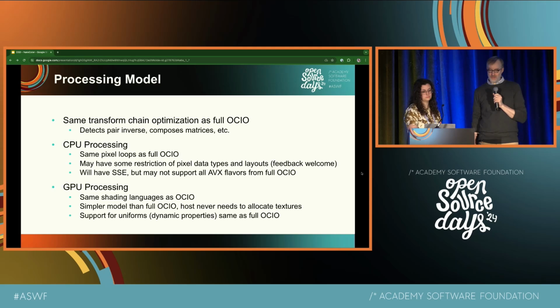So in terms of the processing model, it has the same powerful transform chain optimization as full OCIO, and the CPU and GPU rendering is simplified a bit from full OCIO, but it's utilizing the same code. So it's very important to us that you get the same results in either NanoColor or OCIO.